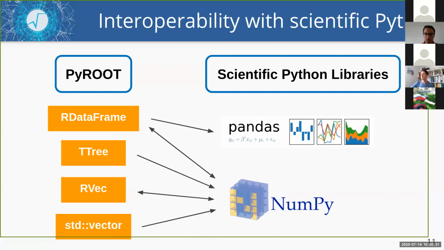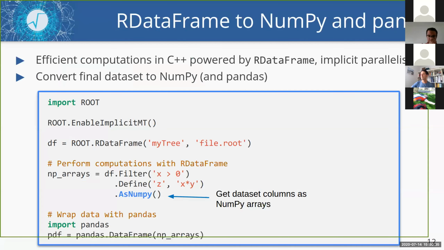I'm not going to talk about all of them, I'm just going to mention a couple. One of them, which is important, is our data frame, RDataFrame. It is our data frame-like class in ROOT. You can use it to load and process ROOT data, for instance a TTree that is stored in a file or a set of files, right?